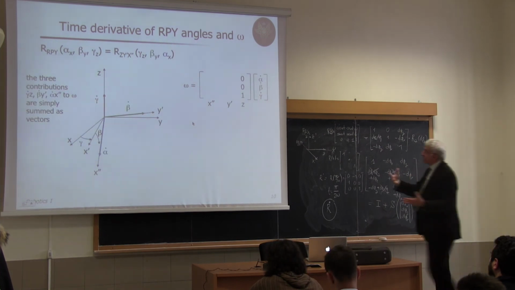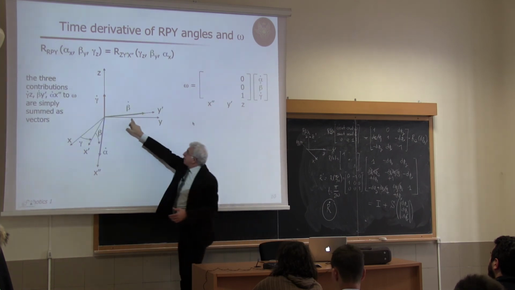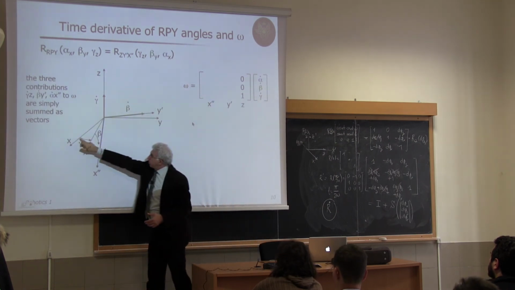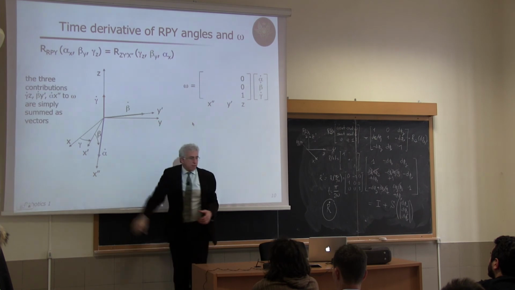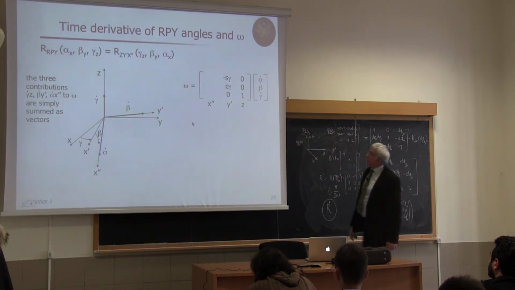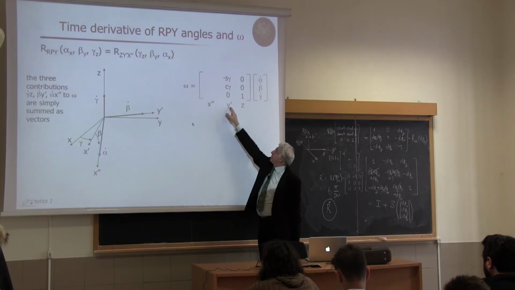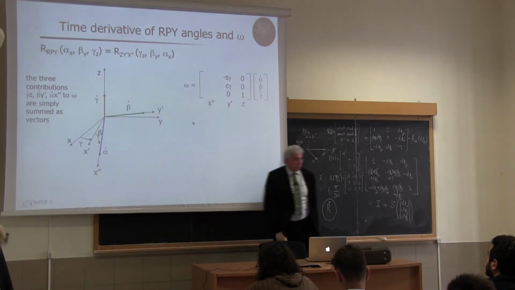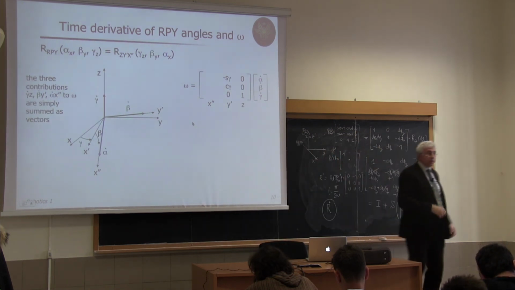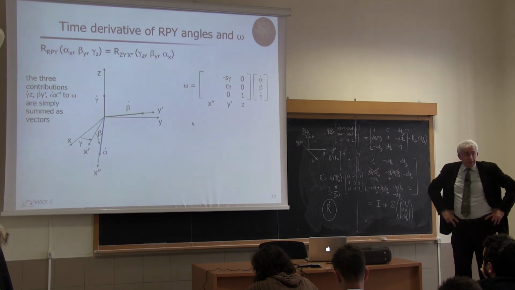So I expect that this vector will have a 0 here, and then this angle actually is this angle. So if I do the right computation, this is the unit vector in the direction of y prime. Pay attention, these are always unit vectors because their intensity has been taken out with the scalars alpha dot, beta dot, gamma dot. Okay? Can you see it?